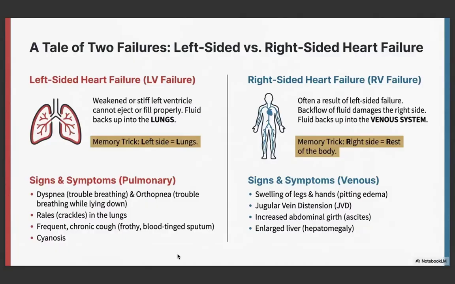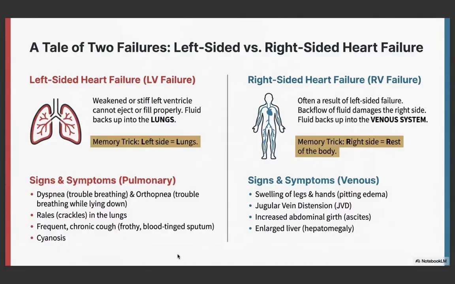Right-sided heart failure, again, is often a result of left-sided heart failure. It's the backflow of fluid into the actual venous system at this point. So right side, rest of the body. This is when you're going to see your jugular vein distension. You're going to see your pitting edema.